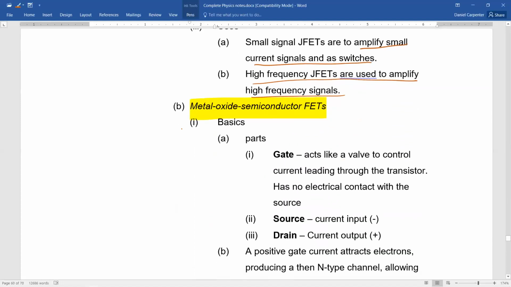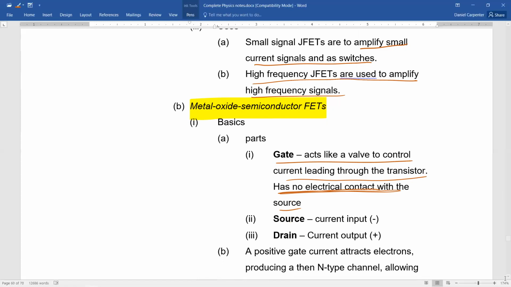And then metal oxide semiconductors are kind of the same. The gate acts like a valve to control the current leading through the transistor. It has no electrical contact, the gate that is, with the source.